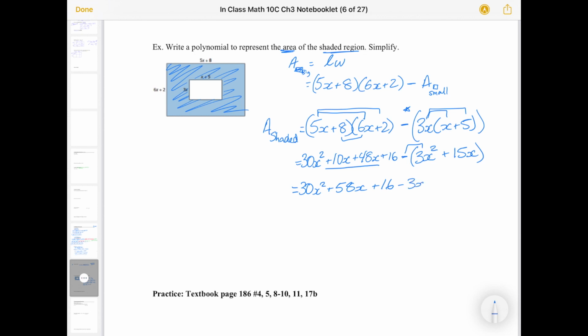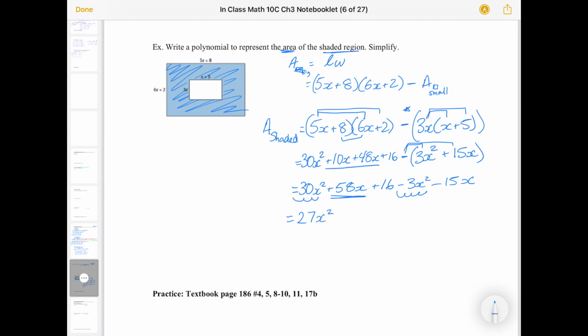Minus 3x squared minus 15x. All right, and my final grouping of like terms, I've got 30x squared minus 3x squared, so that's 30 minus 3, so 27x squared.